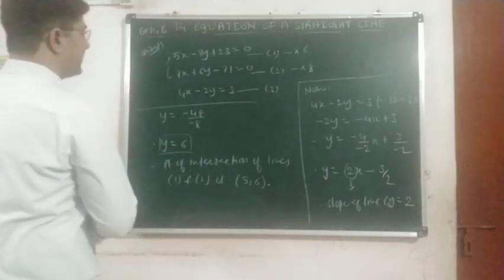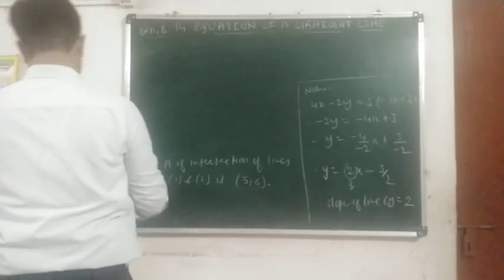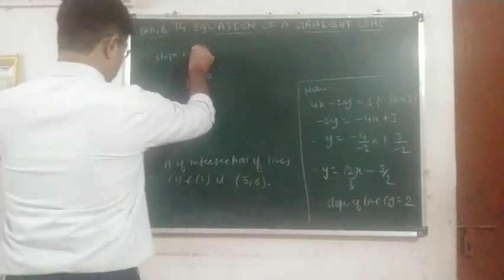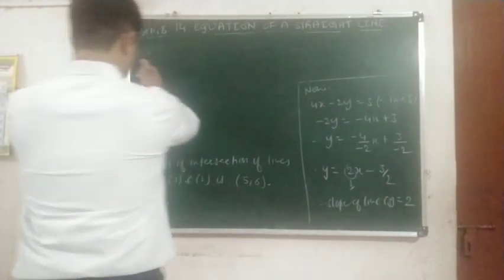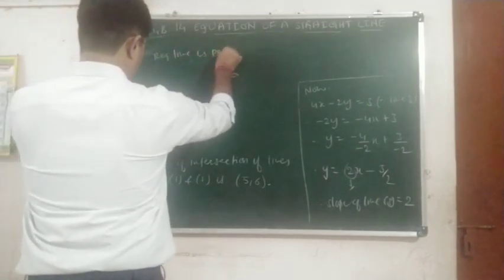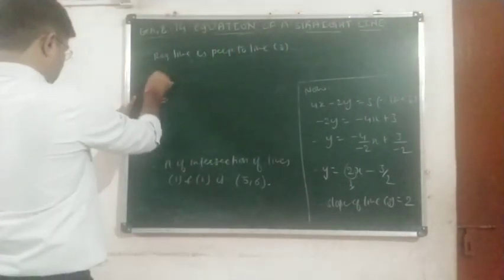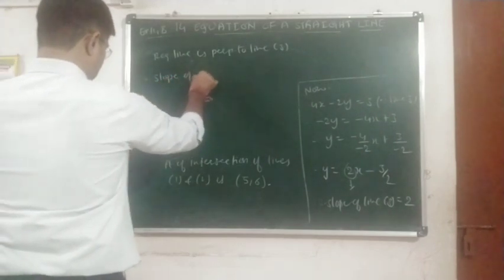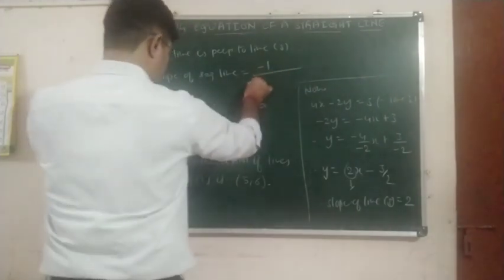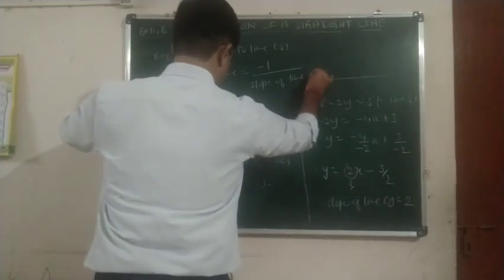So in the next step we will write down, therefore, it is given that the required line is perpendicular to line 3, and therefore the slope of the required line will be equal to minus 1 upon the slope of line 3.